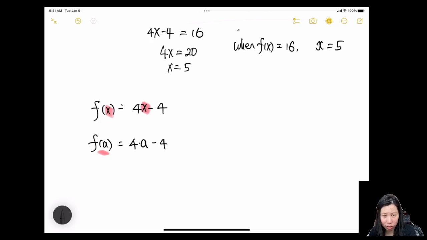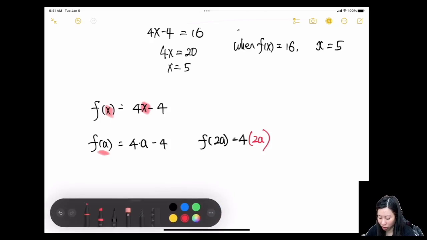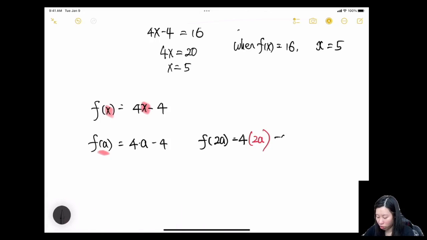You just replace the x with a. So if they tell you, I want to find f of 2a, that means you replace the x with 2a. So I have 4 times, let me use a red pen, 2a, because it originally was x, the highlighted part, minus 4. And then you simplify it, you have 8a minus 4.